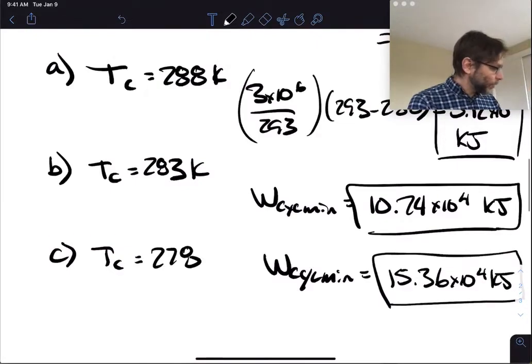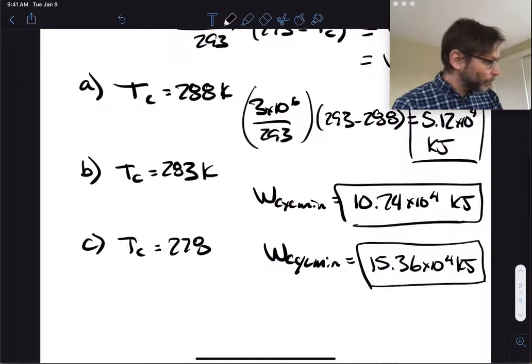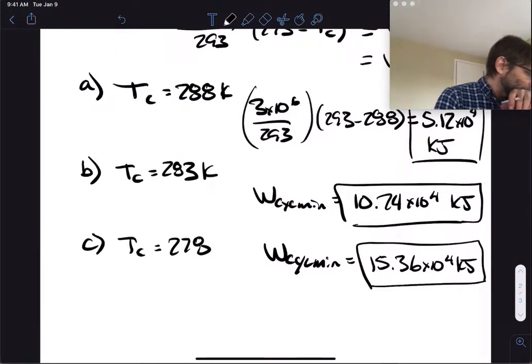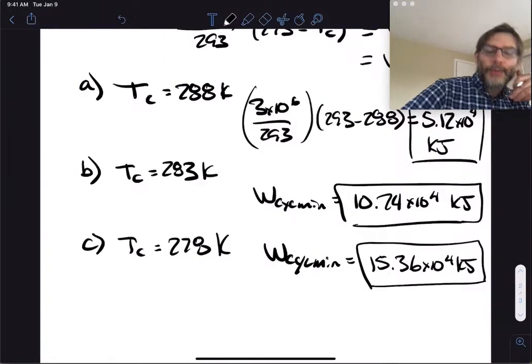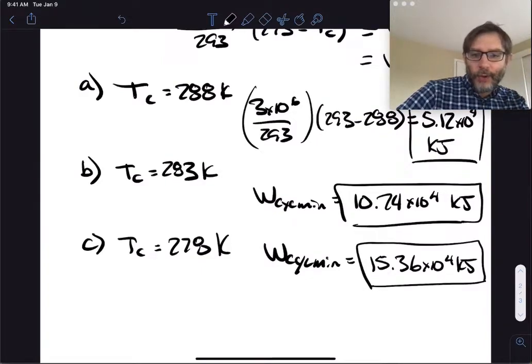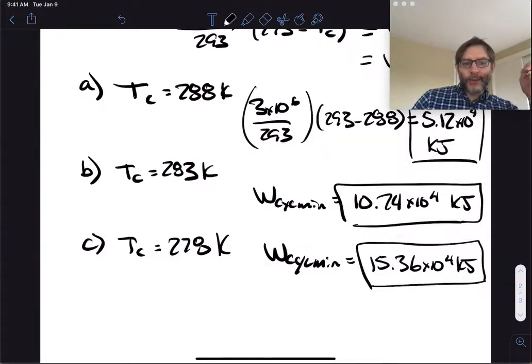All right, so that is pretty major, I think. Essentially, you get a 3x work input for every 5 degrees lower temperature. And this is the problem when you get to heat pumps, say for electric cars.